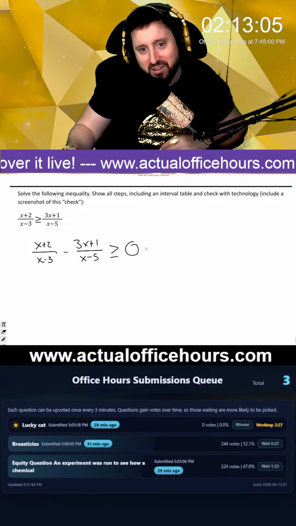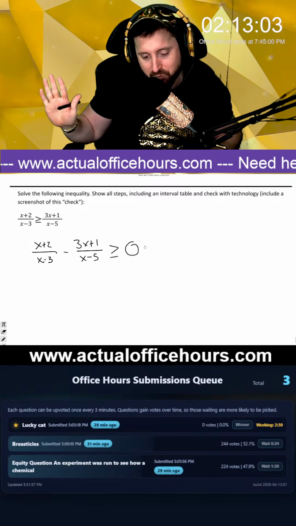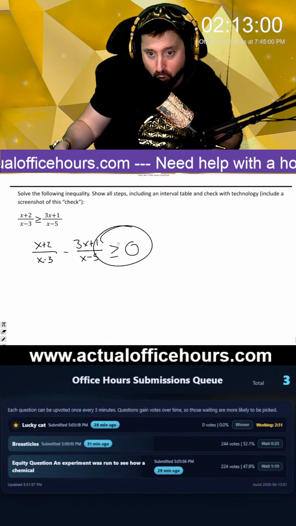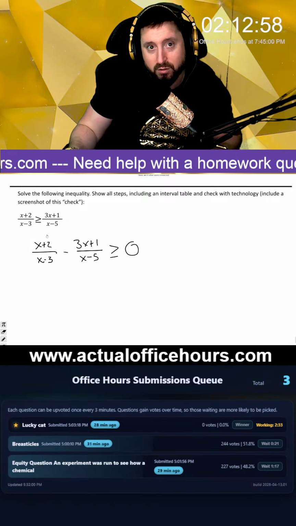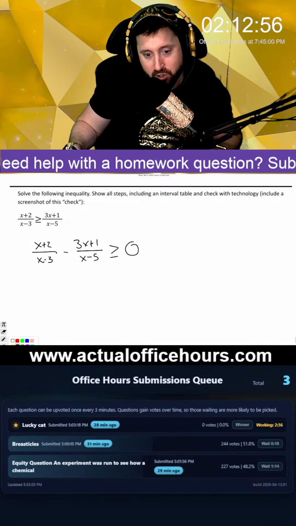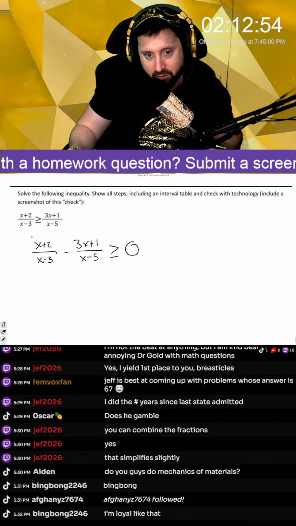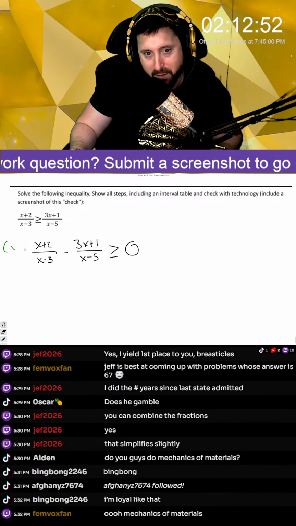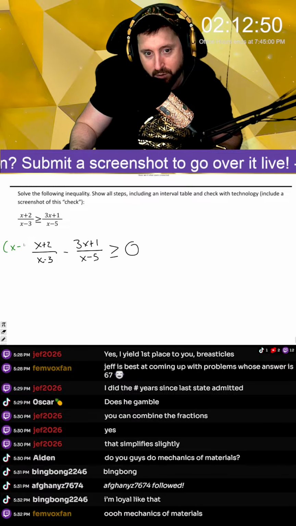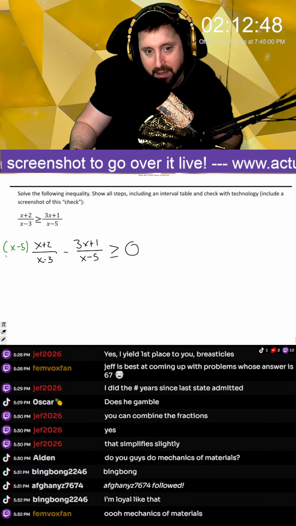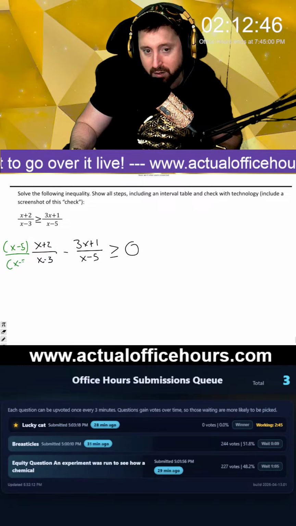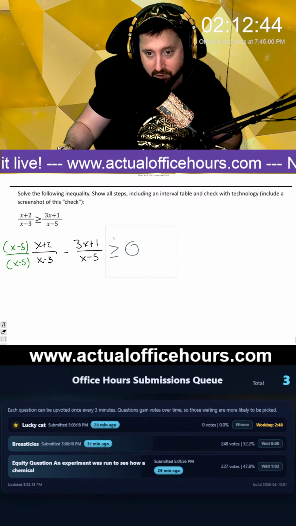Okay, this is useful, though. You can always add and subtract inequalities without worrying about messing this up. So the next thing we're going to do, Jeff is right here, let's combine these. I'm going to combine these by multiplying each one by the denominator of the other, on the top and bottom. And this is legal, again, because I'm not multiplying both sides by something.